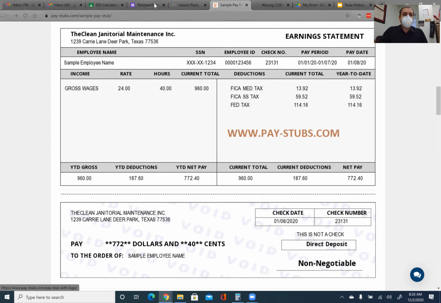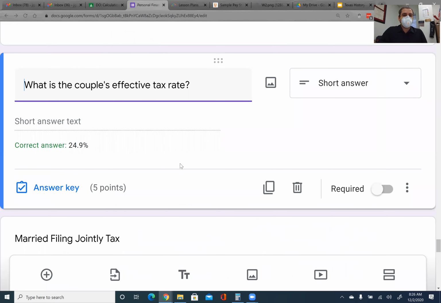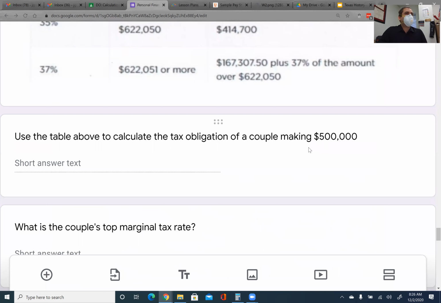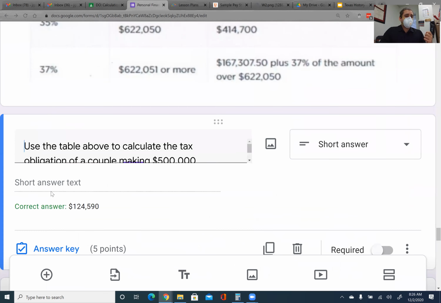So if we were looking at the pay stub for this couple making $500,000 a year, if we were looking at both of their pay stubs, we would see that their total tax obligation of $124,000, a portion of that is going to be taken out of their pay stub every time they get paid. So they're contributing toward this tax bill a little bit each time they get paid.